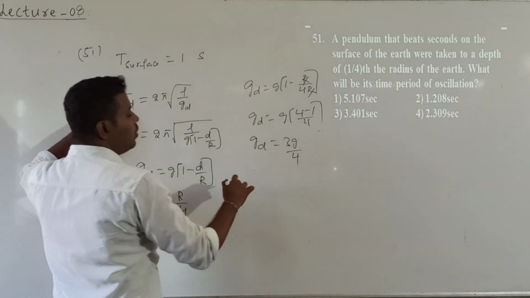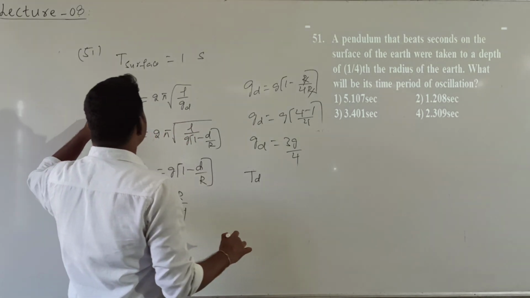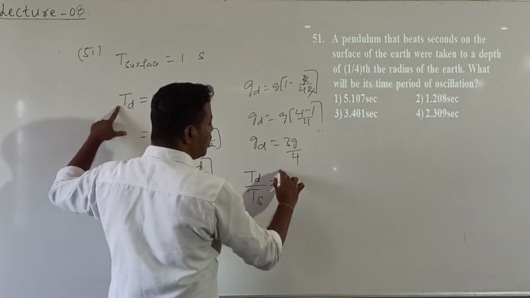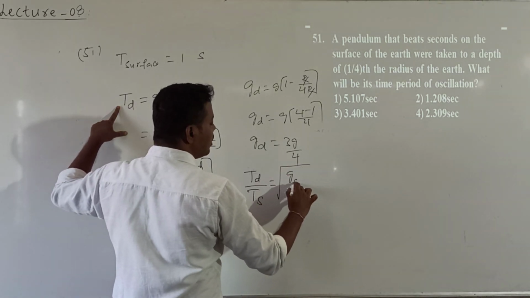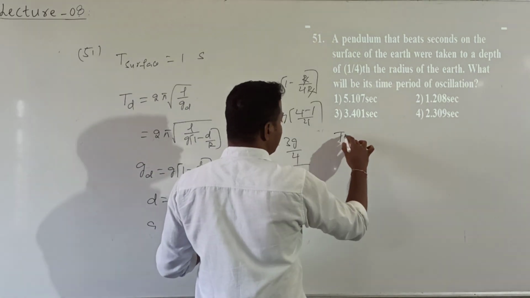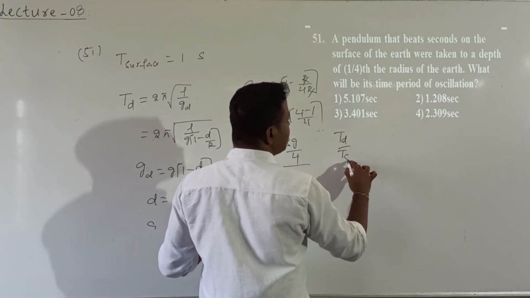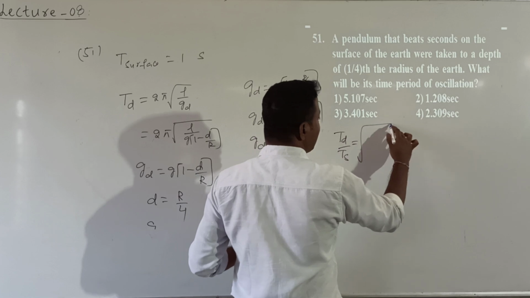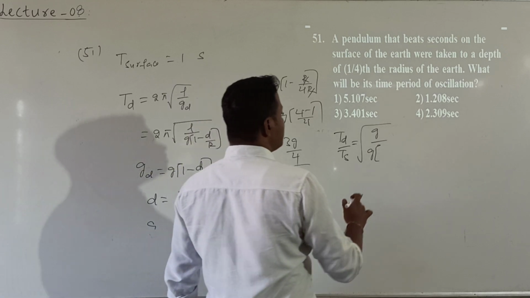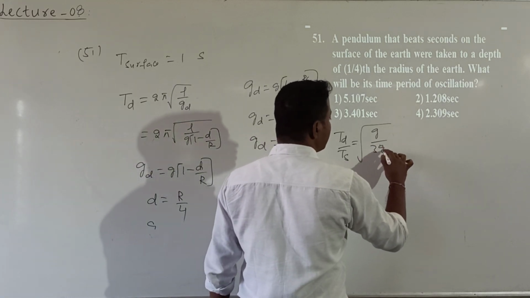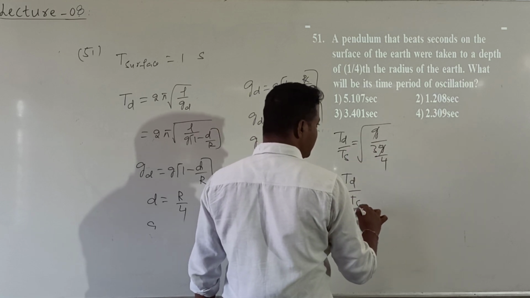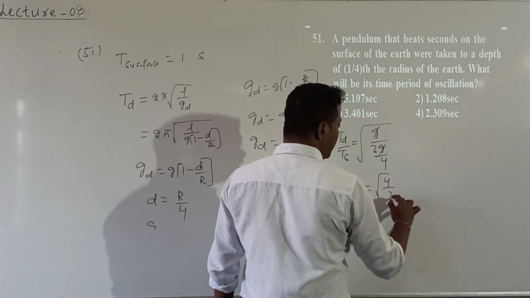Can I substitute it to get the time period? The value of T_d divided by T on the surface will be equal to root over acceleration due to gravity on the surface by acceleration due to gravity at the depth. So T_d by T_s is equal to root over g divided by 3g by 4. g and g cancel, so T_d by T_s is equal to root over 4 by 3.